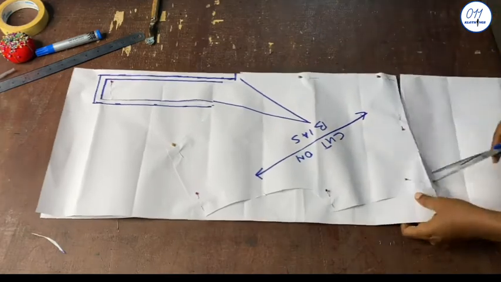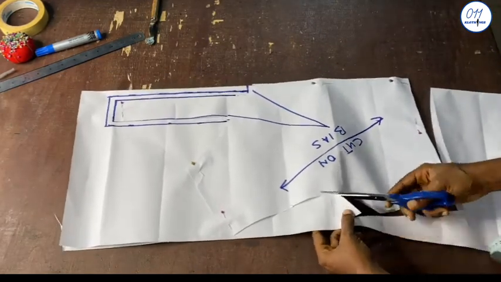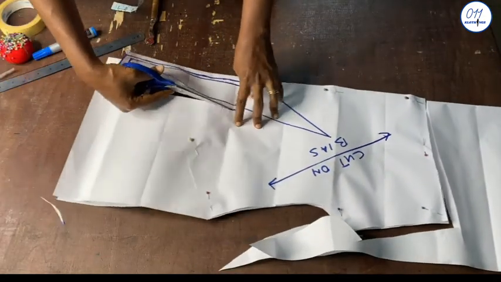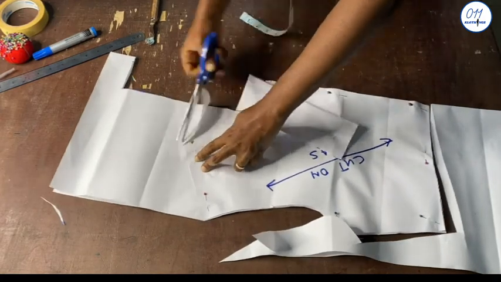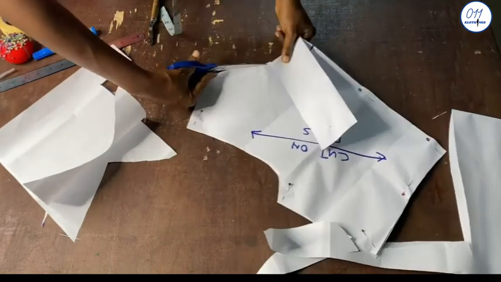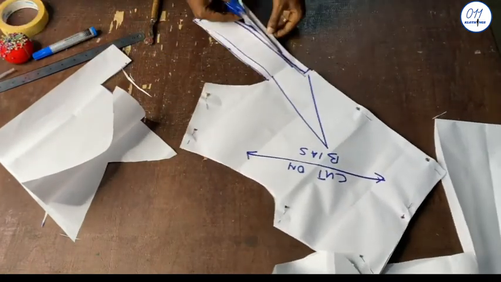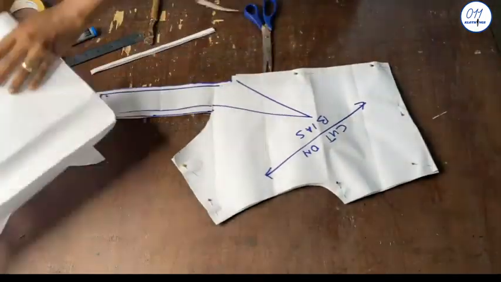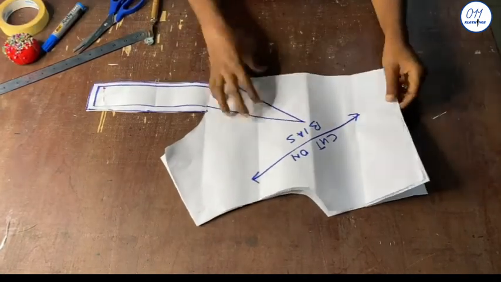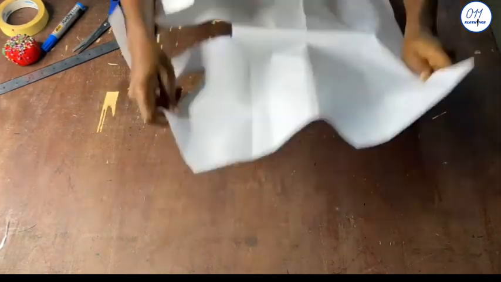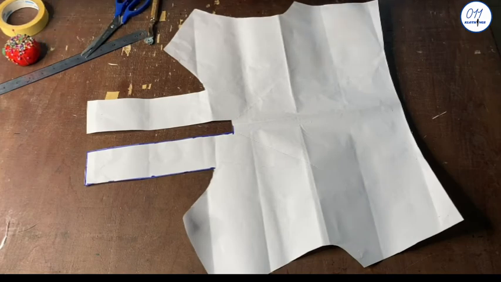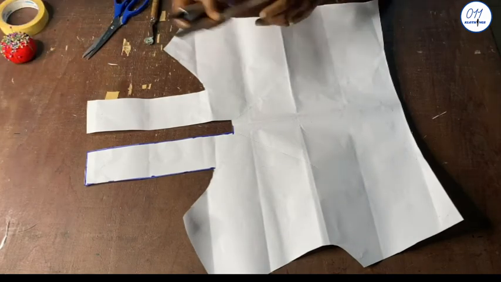So I will now cut out my full front pattern like so. So this is the full front pattern. It will be cut on bias on my fabric.